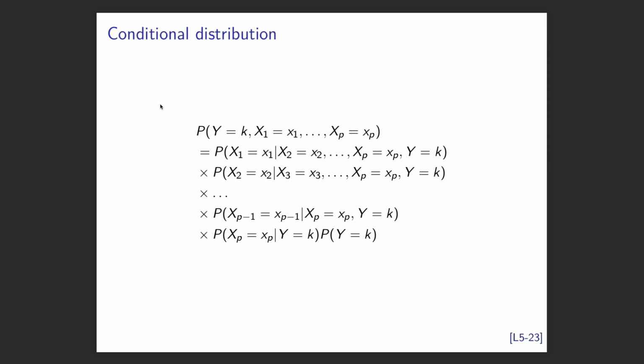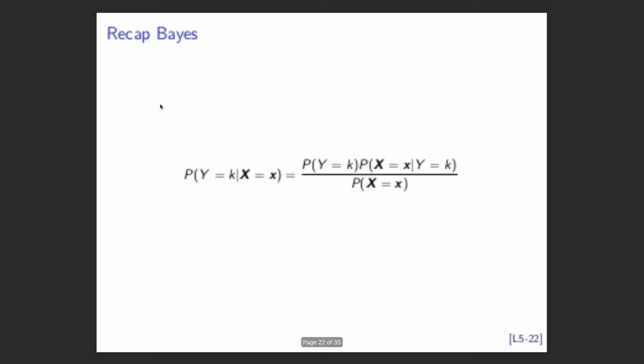So what I'm doing there is taking that top term, which is the probability X equals x given Y equals k times the probability Y equals k. If you think about it, from the multiplication rule, it's equivalent to the probability Y equals k and X equals x. Then I put that in its long form and broke it down into a load of conditionals.